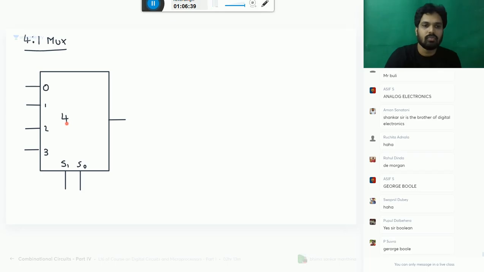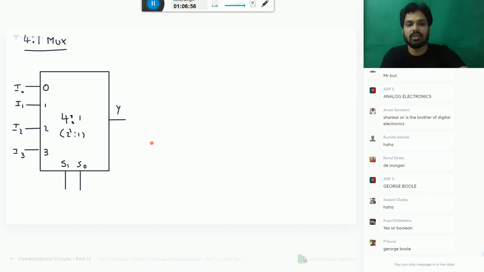So what is this? 4 by 1, because it is 2 power 2: 2 selection inputs and 4 data inputs. This is your function Y. You can also say 2 power 2 by 1.